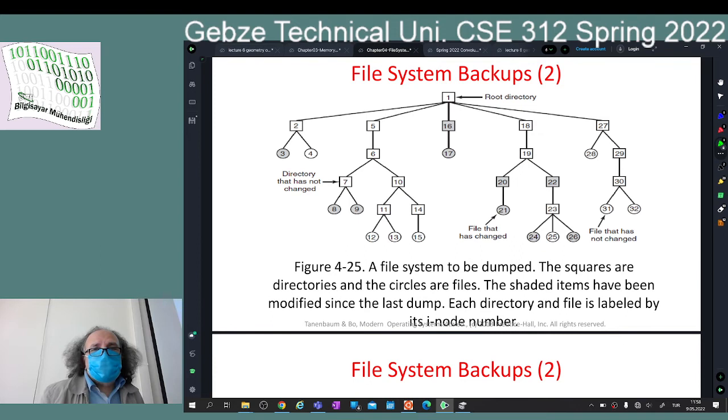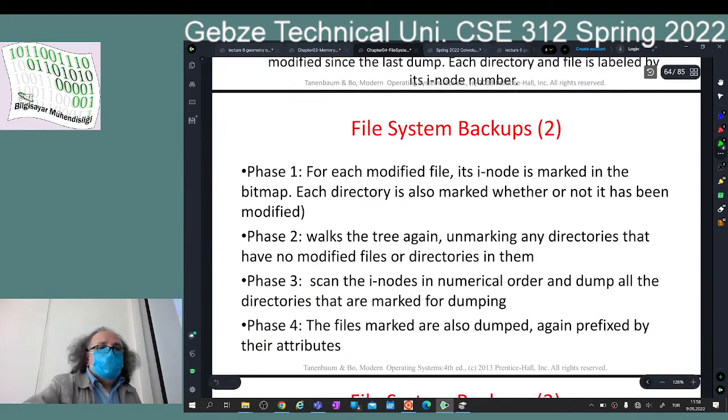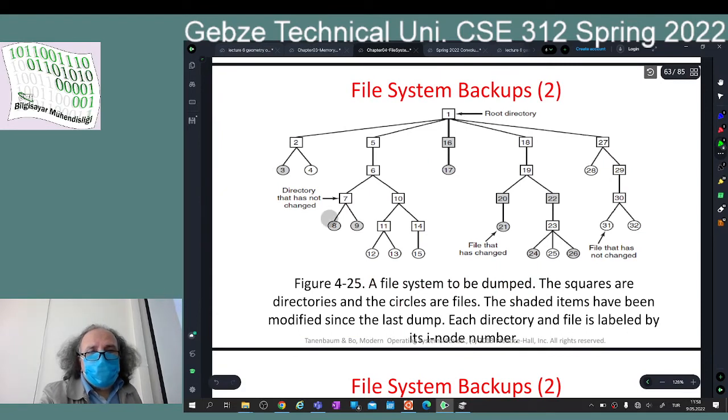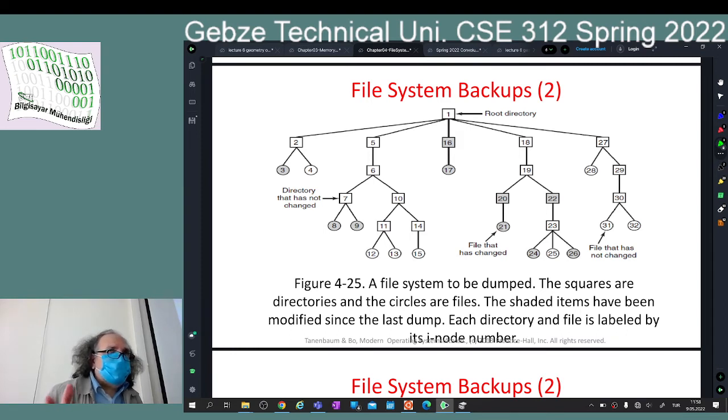But with the logical backup strategy, you don't do that. Let's see what happens. Phase 1. For each modified file, its inode is marked in the bitmap. These are the modified files, and they are saying that these files are modified, so I am going to mark their inodes.